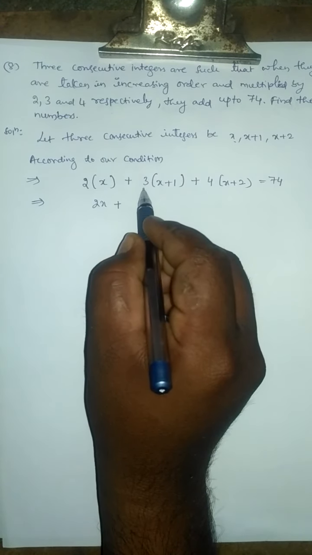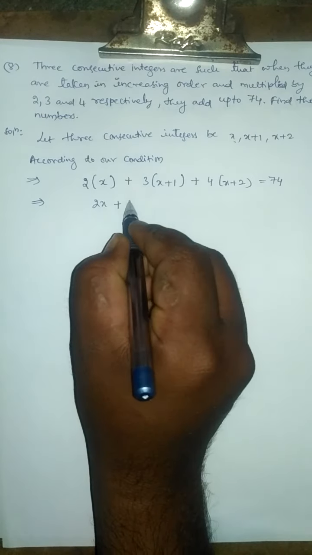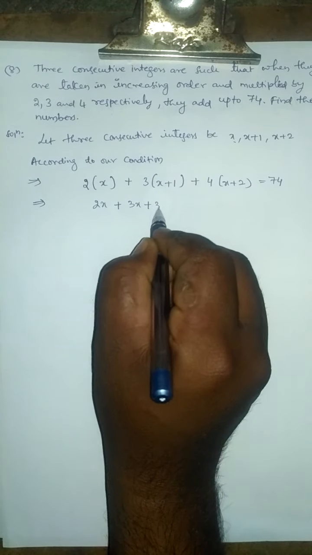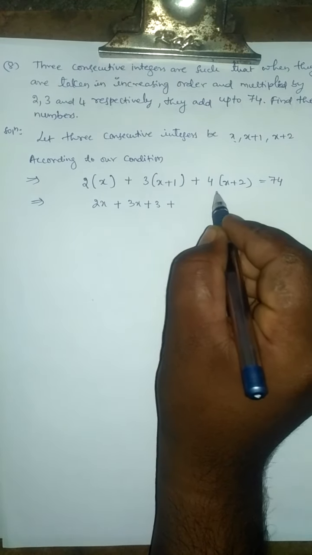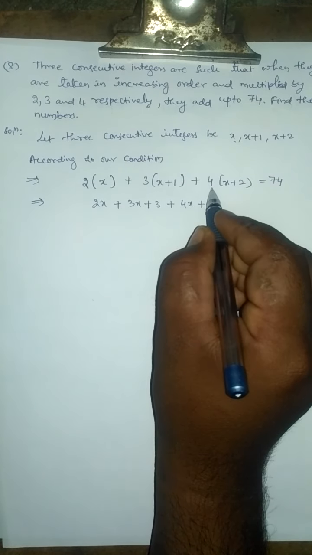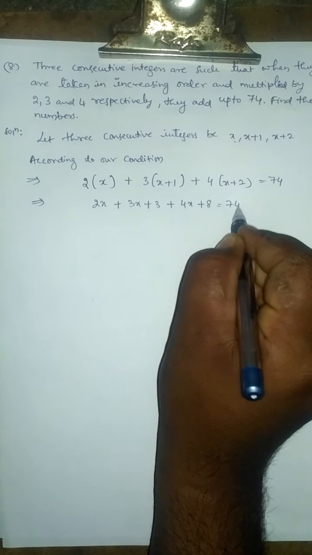So 3 into x, 3x, plus 3 into 1 that is 3. Also plus 4 into x is 4x, plus 4 into 2 is 8. So this is equal to 74.